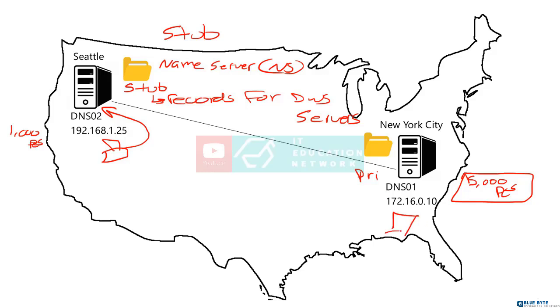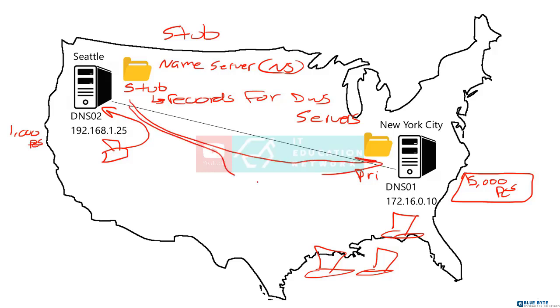The advantage would be, let's say there's 4 DNS servers here. Sometimes that query goes to this one, sometimes this one, sometimes to the other 2. So it's truly a way to load balance. So you kind of get the best of both worlds. You don't have a copy of every single record, but you still have to cross a WAN link to have that resolved. So a happy medium of sorts.